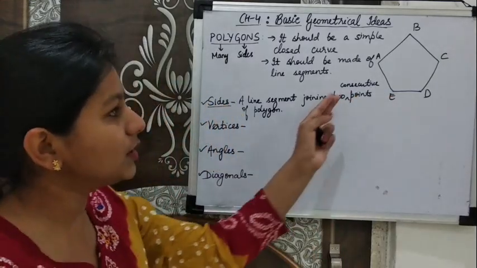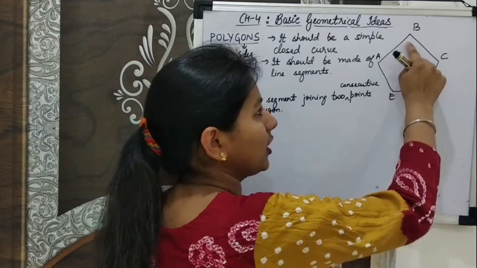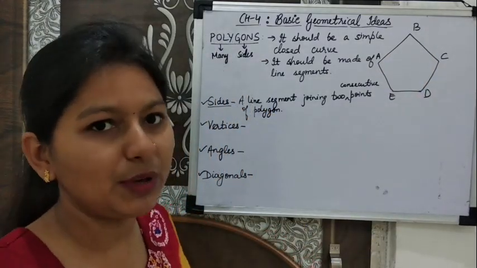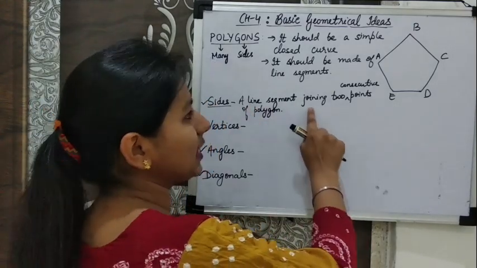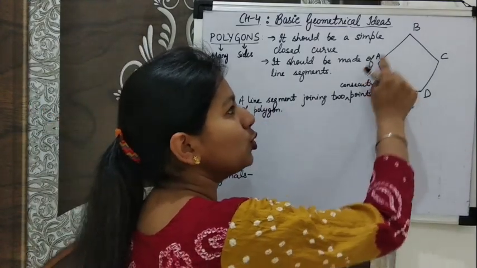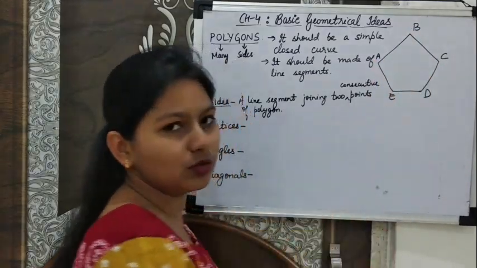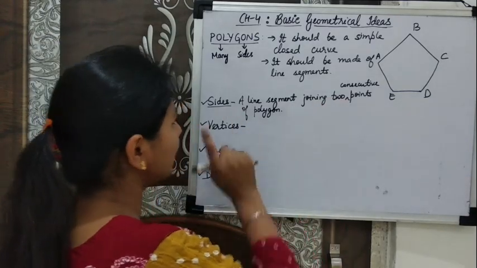Consecutive, what is the meaning of this word consecutive? लगातार. जैसे इसके बाद इसी पॉइंट को ज्वाइन करेगा तो साइड होगा, इस पॉइंट को ज्वाइन करेगा then it will not be considered as a side. So this we have to take care of, that a line segment joining two consecutive points, either this to this or this to this, जो लगातार में है, ठीक है? So that we call sides.